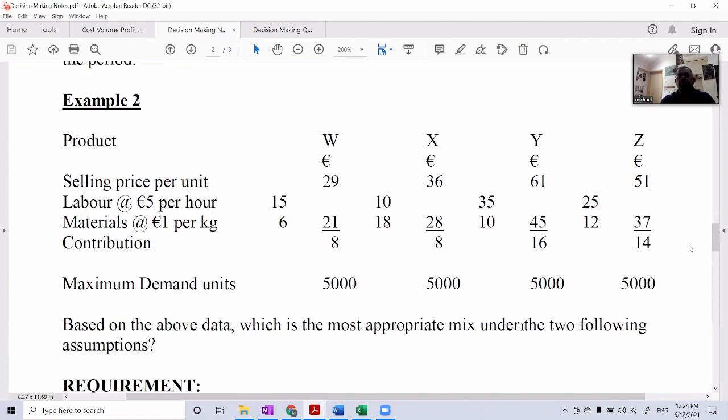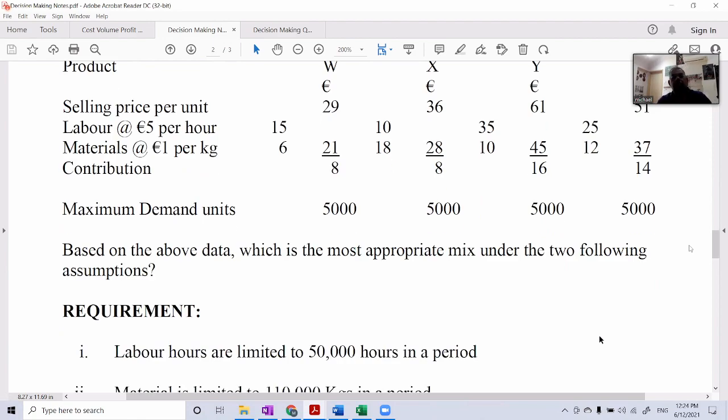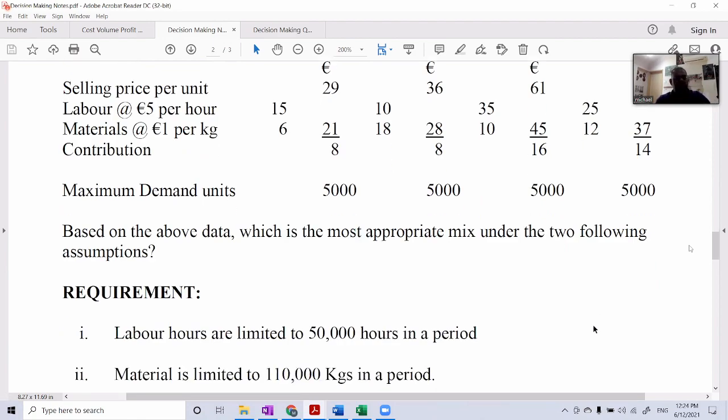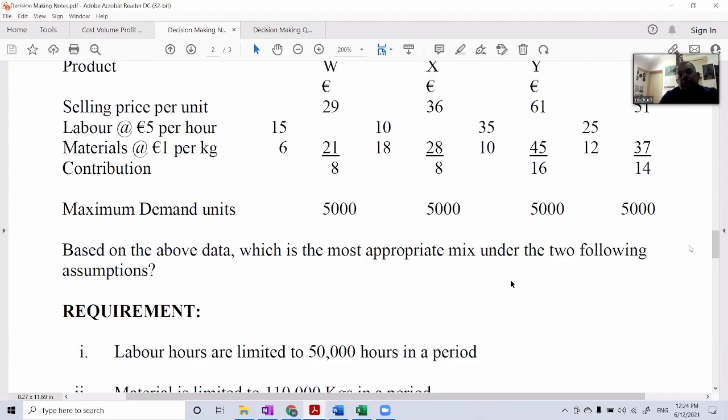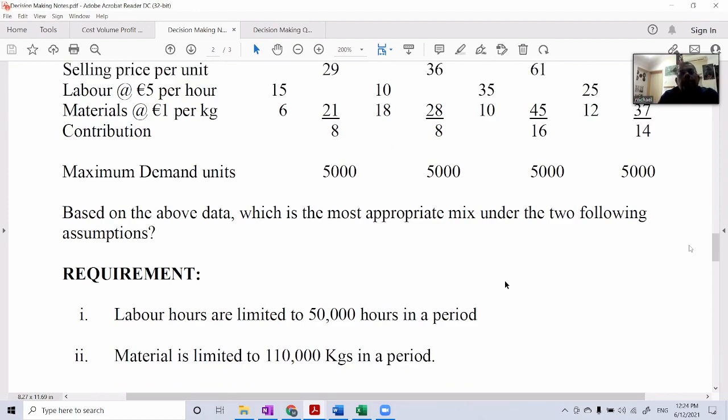Yeah. And maximum demand is the same for each product, which is 5,000 units. All right. Based on above data, which is the most appropriate mix under the 2 following assumptions? Requirement number 1, labor hours are limited to 50,000 hours in a period. Material is limited to 110,000 kgs in a period.